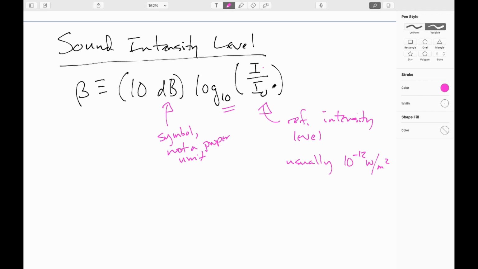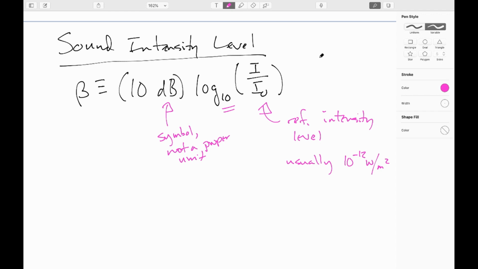If something had an intensity that was 10 times greater, then we would be taking the logarithm of 10, and the base 10 log of 10 is 1. So that would be perceived at 10 dB. If it were 100 times greater, that would be the logarithm of 100 in base 10, which is 2, so that would be 20 dB, and so forth.